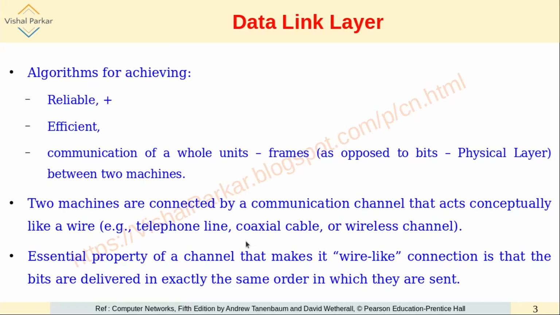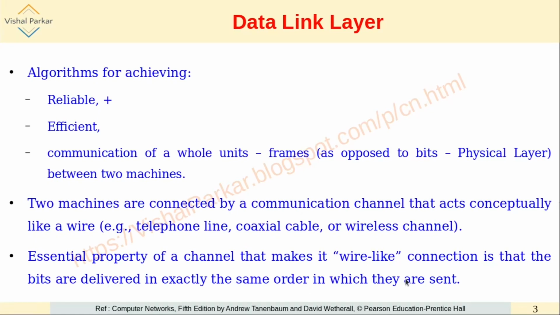If the data were assumed to be sent through a wire, they will be received without any problem and in the same sequence, that is reliability and efficiency. As they are sent, they will be received at the receiver. So that is what is called the wire-like property. The essential property of a channel that makes it a wire-like connection is that the bits are delivered in exactly the same order in which they are sent.